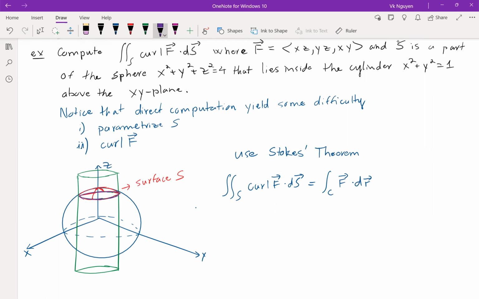If nothing is said about the curve C, then we just assume that it travels counterclockwise.